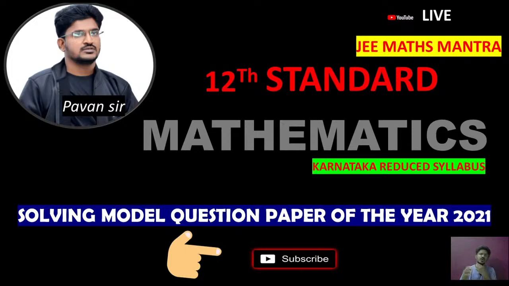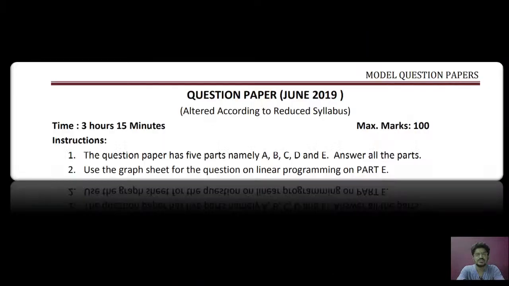Now we can start our class by solving the question paper of June 2019. This is the question paper which was asked for June 2019, and it has been altered according to the reduced syllabus.